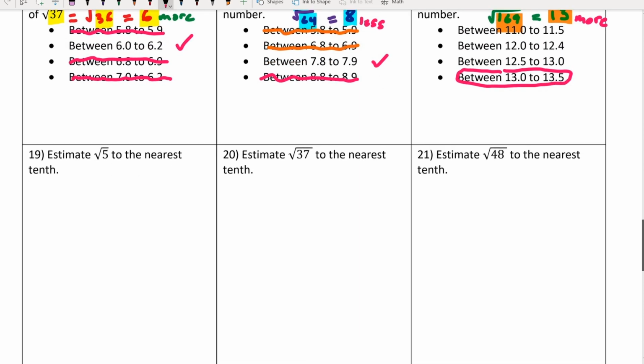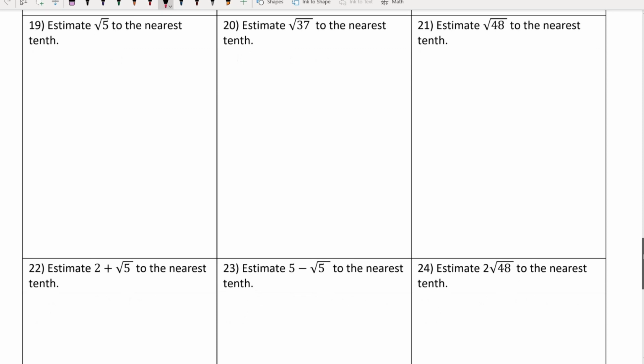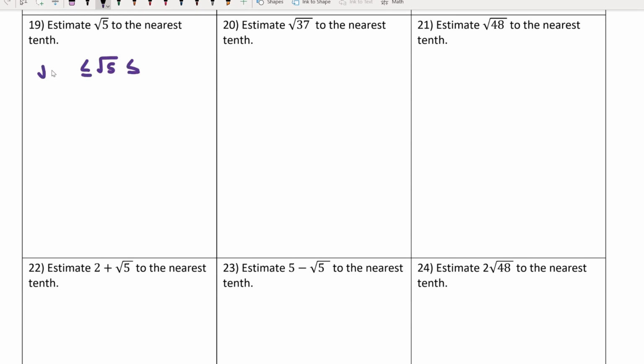Number 19, estimate square root of 5 to the nearest tenth. Same strategy. Square root of 5 is in between two perfect square numbers, which are 4 and 9. Square root of 4 is 2. Square root of 9 is 3.